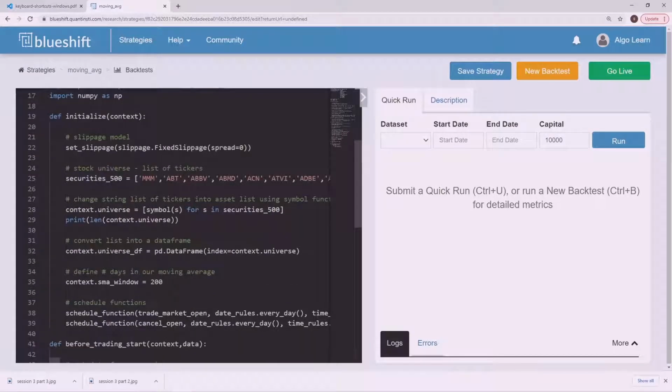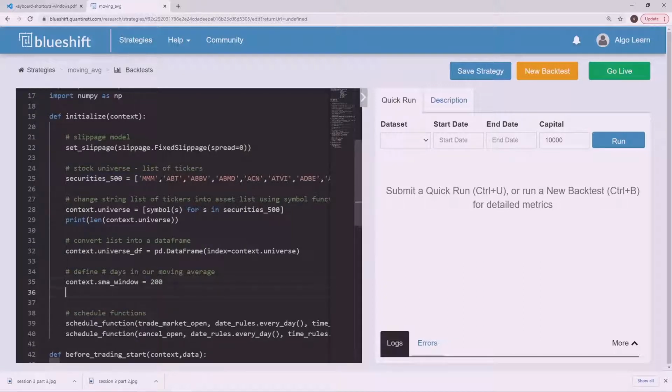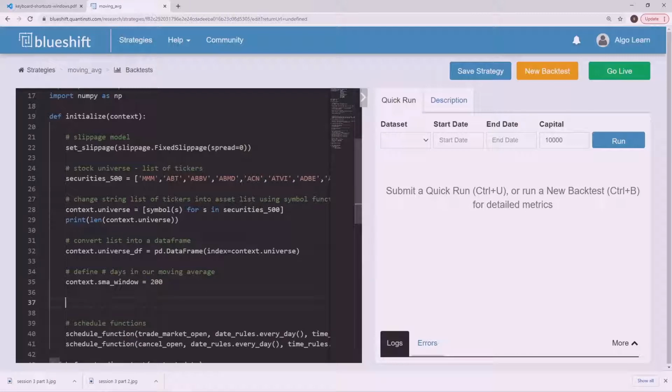First things first, in our initialize function, let's go below where we set our SMA window and create some counters. Set counters. You're going to see why we do this in a little bit. It may not make much sense right now, but bear with me.